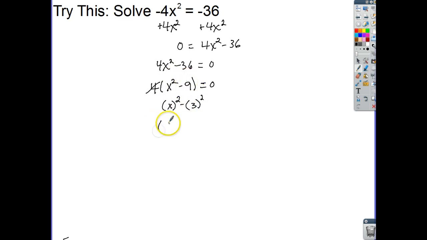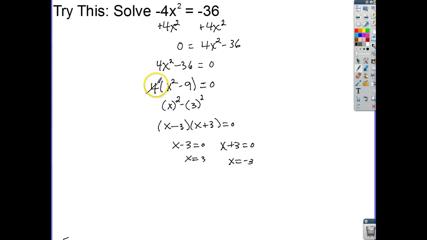Factoring this with the formula, it's going to be a minus b times a plus b, or x minus 3 times x plus 3 equals 0. And set our factors equal to 0. x minus 3 equals 0. Add 3. x is equal to 3. x plus 3 equals 0, and then subtract 3 from both sides and get x is equal to negative 3.